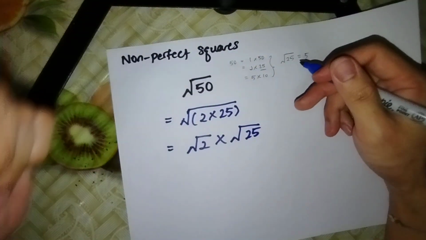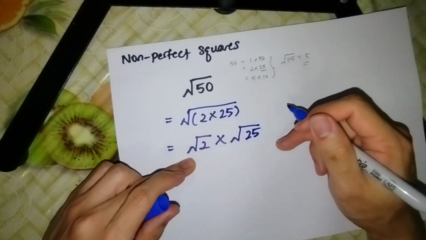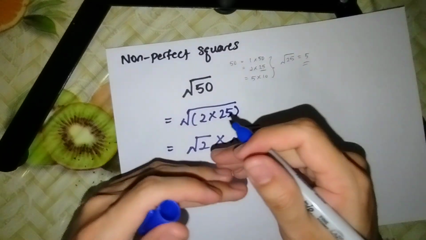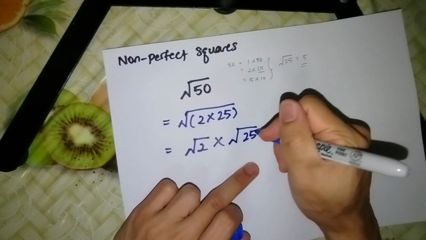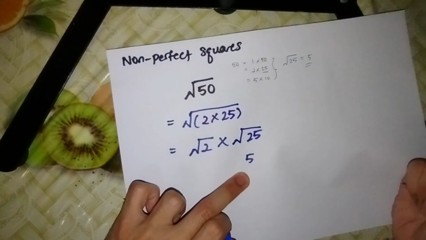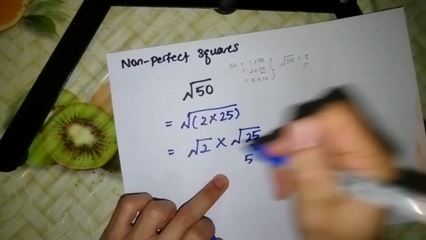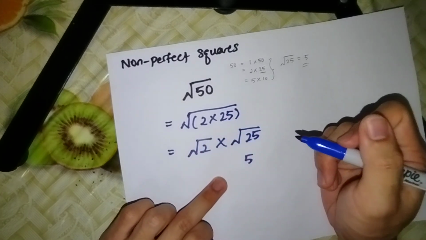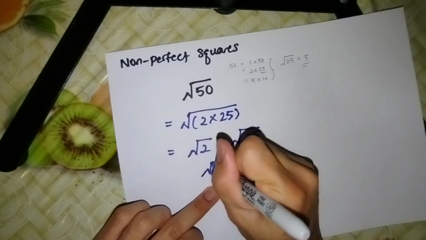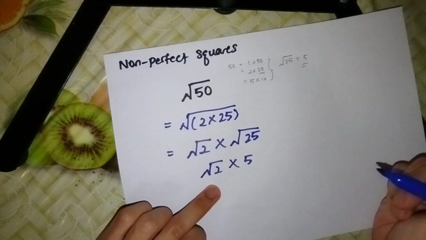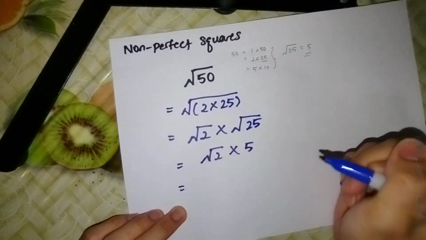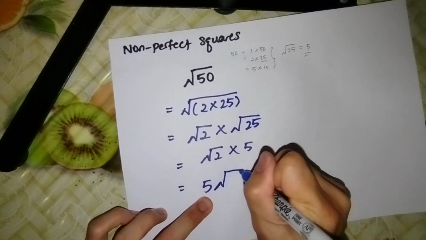So from the square root of 50, it has turned into two components that multiply into each other, and we know this number is equal to 5 because it's a perfect square, but this number is not a perfect square. And we can just leave it as root 2. So the answer to this question is 5 root 2.